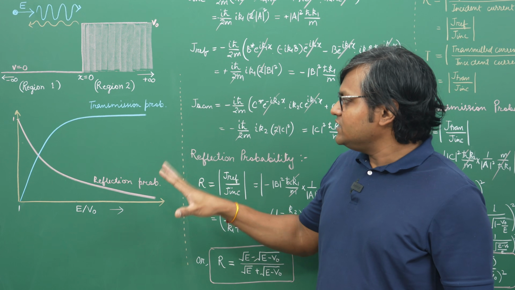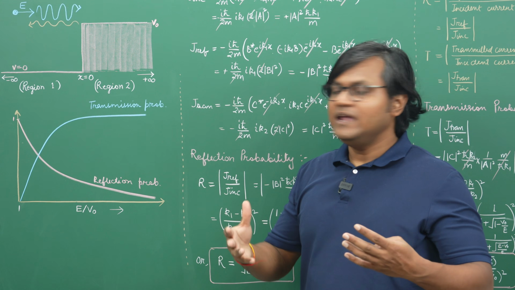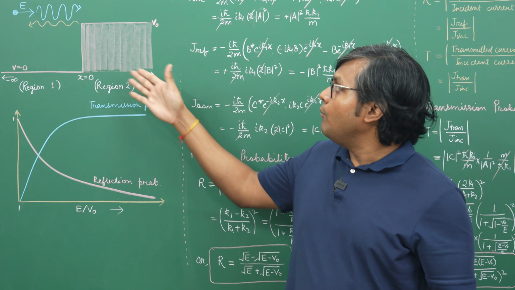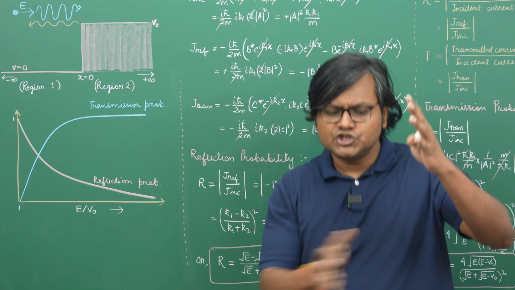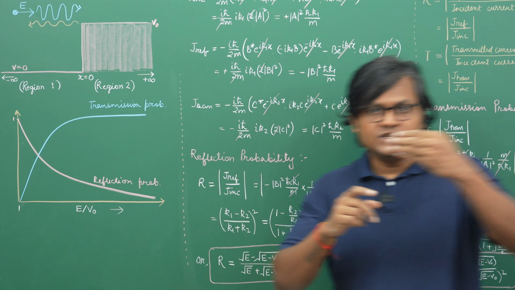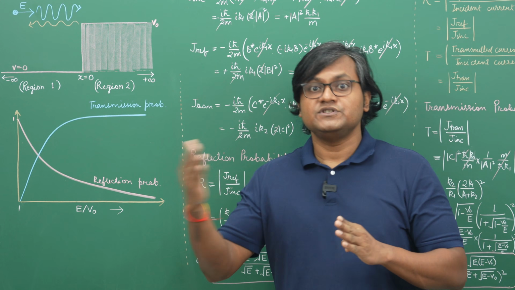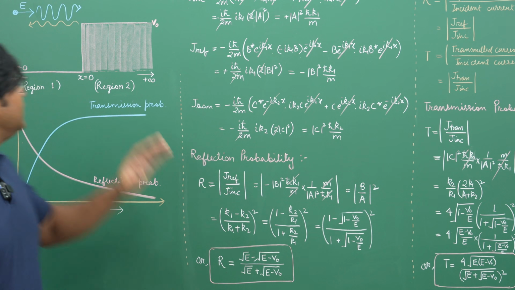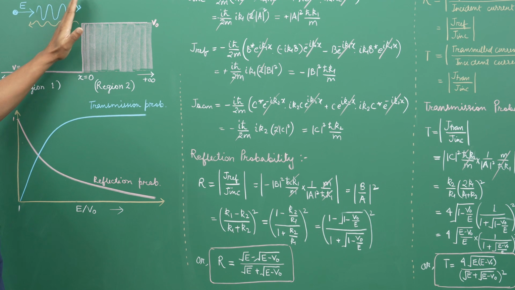You can think of this scenario by replicating this kind of a system with a large number of particles. If you bombard this kind of a potential with a large number of incident electrons, then some of these electrons will proceed forward, some of the electrons will proceed backward. This is the analysis that comes when we look at reflection and transmission using matter waves.